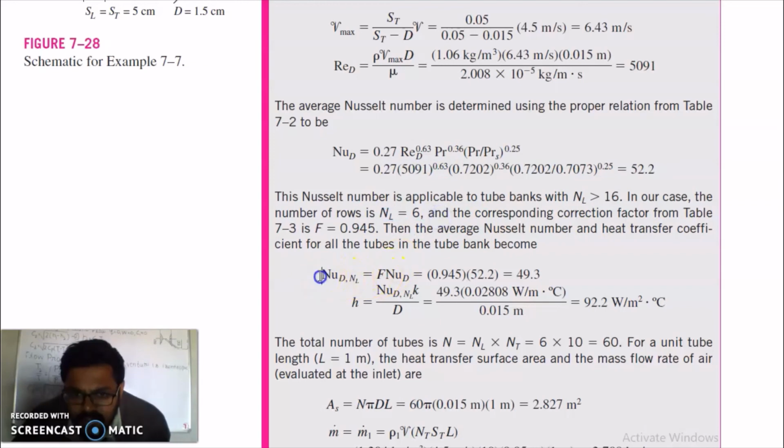So we will use this formula here, that Nusselt number for NL is equal to F into Nusselt number D. So here F is equal to the correction factor, which is this. So Nusselt number in this case is 49.3 and corresponding h is equal to 92.2 watt per meter square degree Celsius.